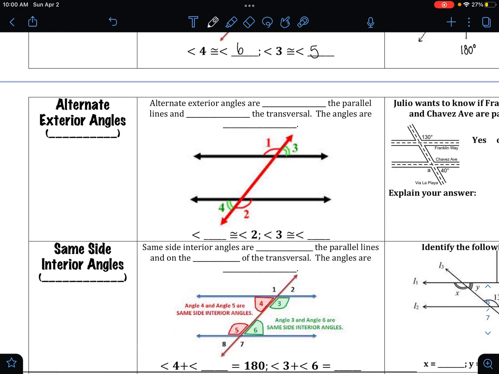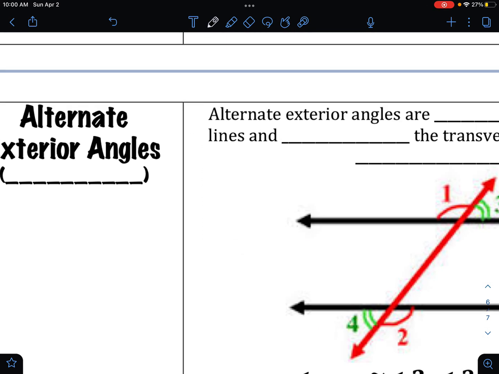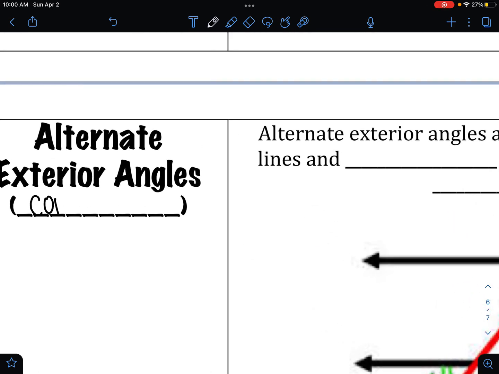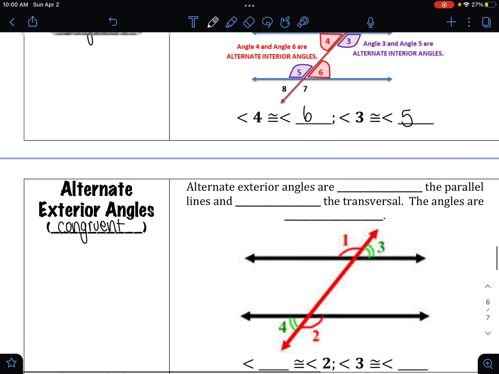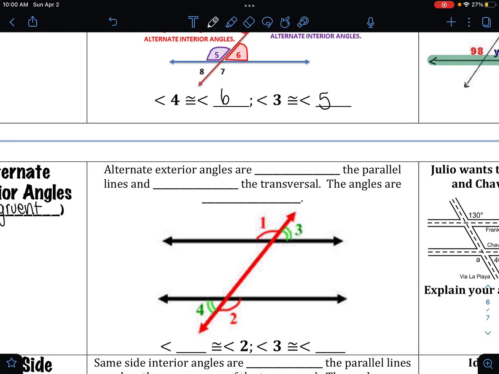Okay. Now we have alternate exterior angles. You might be seeing where this is going. Okay. Alternate exterior angles. You guessed it, they are also congruent. So alternate exterior angles are outside.